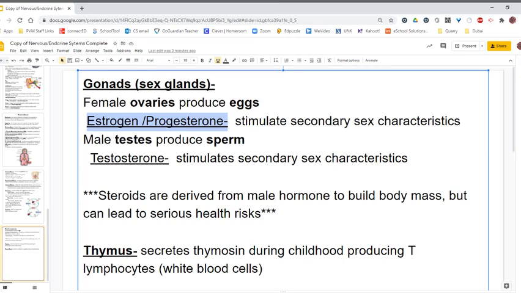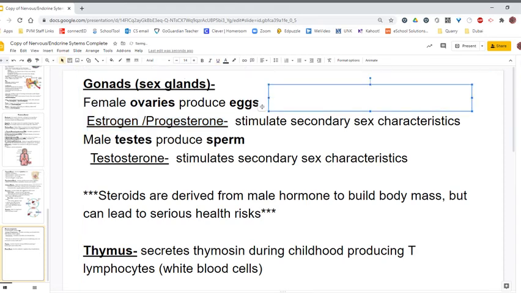You need to know what these secondary sex characteristics are. So actually what I'll do is I'll just throw a little text box in here. We'll make a list. All right.